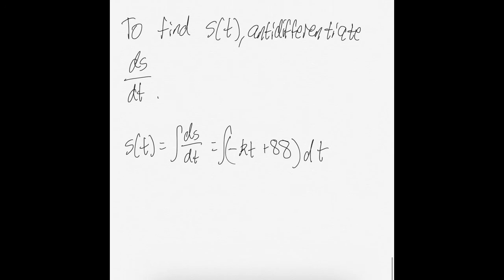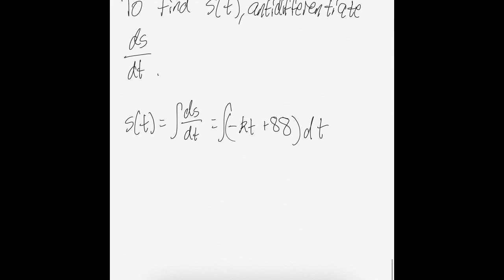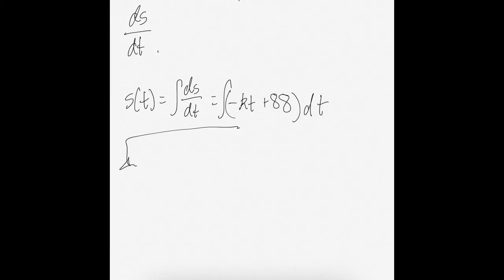So s of t is going to be the antiderivative of ds/dt. And we know that ds/dt is negative kt plus 88, all of that dt, remember, to include your d whatever variable.